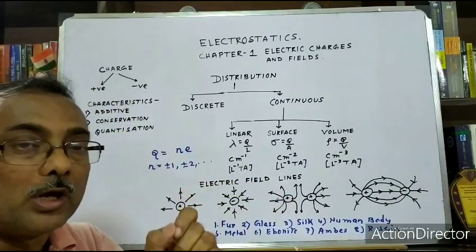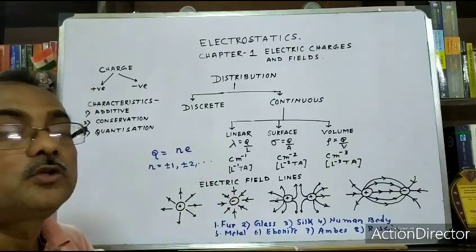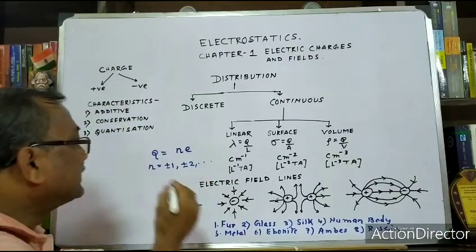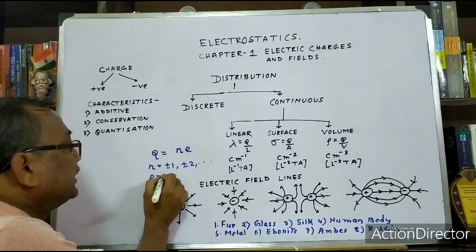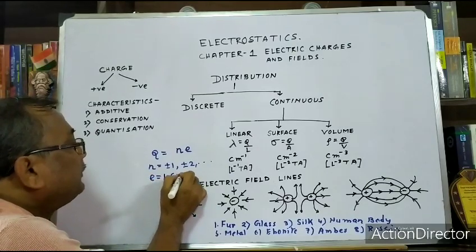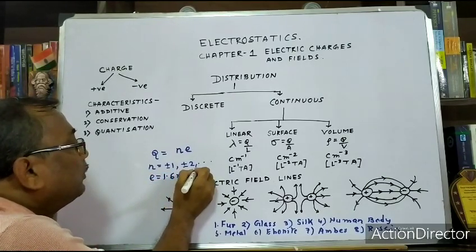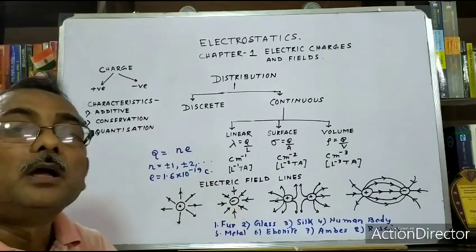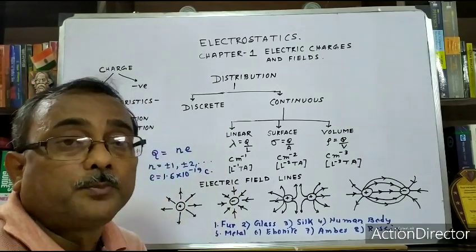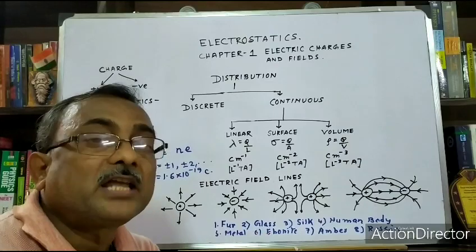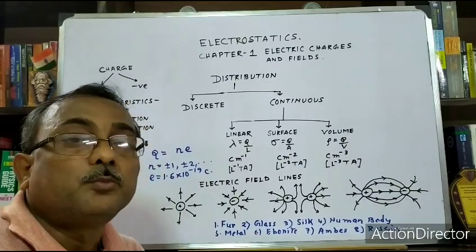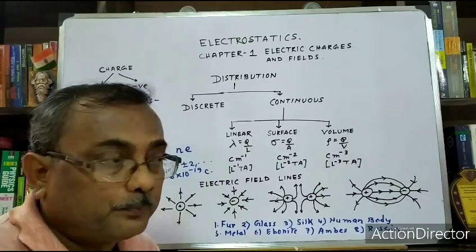The value of n is 12. The charge of an electron is 1.6 times 10 to the power minus 19 coulomb. So from this formula we can find out the charge of the object, and naturally it is a negatively charged body because of the excess of electrons.